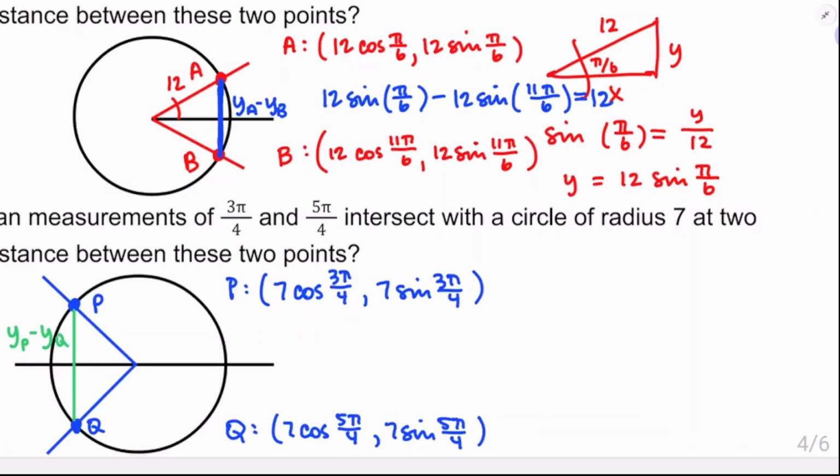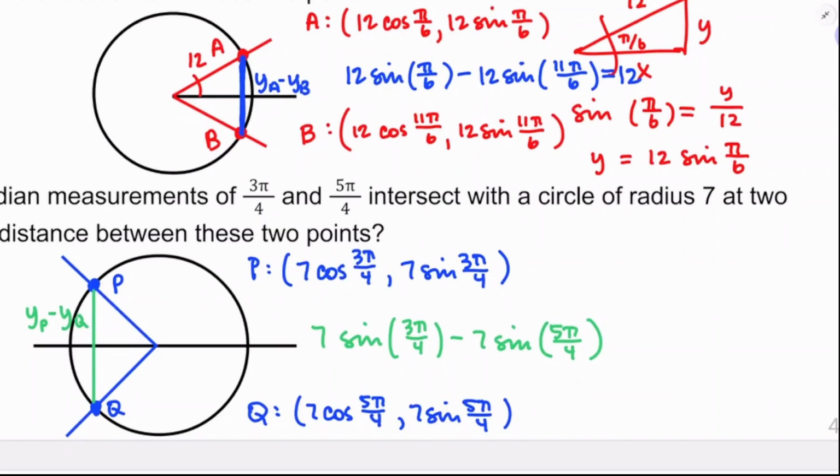That distance is going to be equal to the y coordinate of P, 7 times the sine of 3 pi over 4, minus the y coordinate of Q, which is 7 sine of 5 pi over 4. All right, and I will tell you that that's going to equal 7 times the square root of 2.